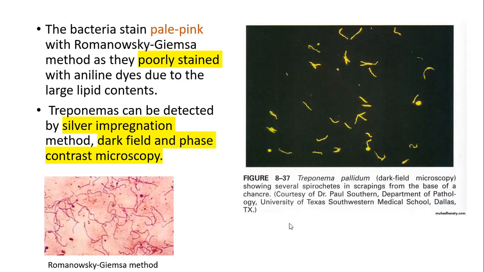The bacteria stain pale pink with the Romanowsky-Giemsa method, as they are poorly stained with aniline dyes due to the large lipid content. Treponema can be detected by the silver impregnation method, dark field, and phase contrast microscopy. So dark field is the best method of microscopy for this bacteria.